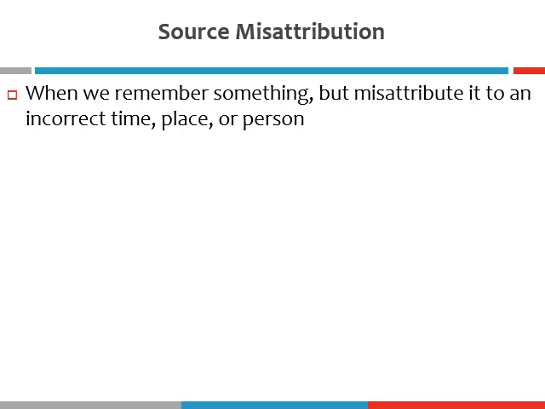That's an example of source misattribution. More relevant examples, or more real world examples with more serious consequences, are cases of misattribution that result in false convictions, right?